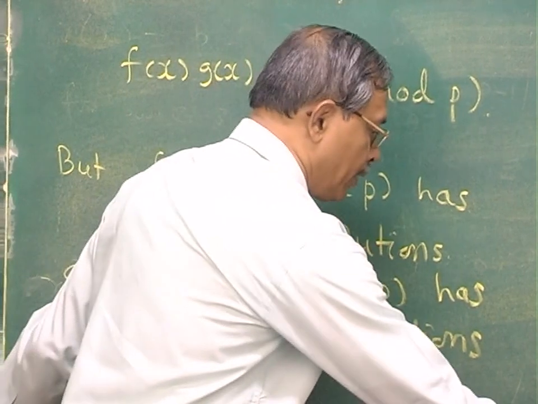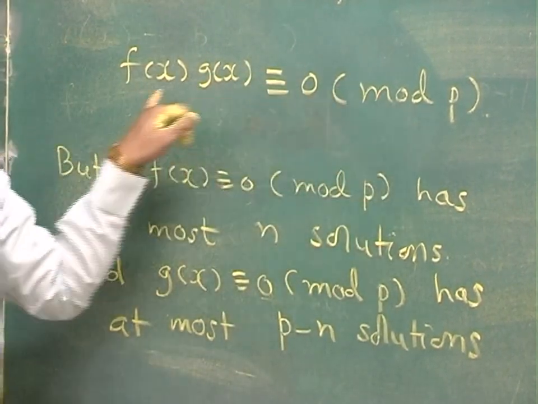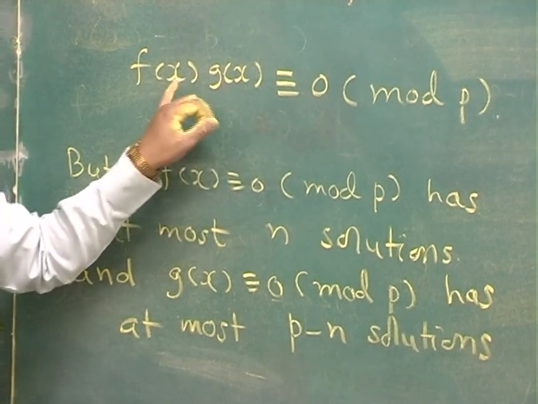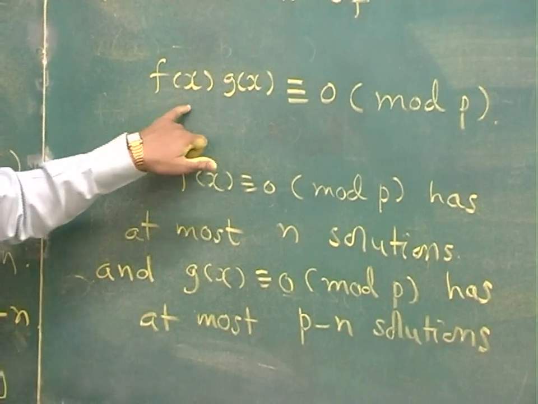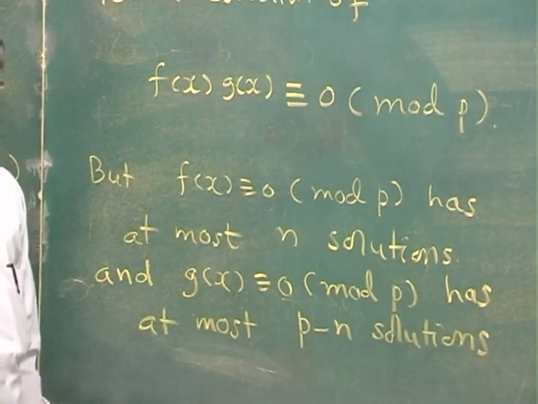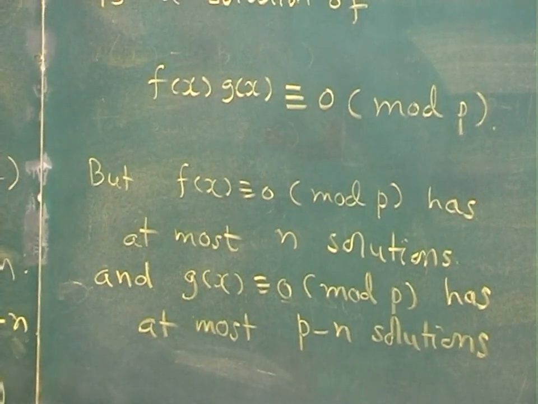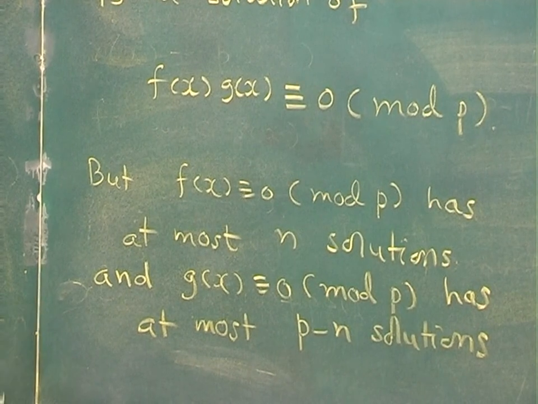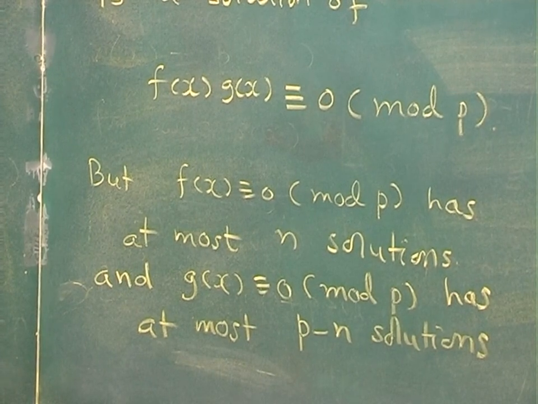Now if f(x) into g(x) is congruent to 0 mod p, that is p divides f(x) into g(x) for a solution x, so p should divide either f(x) or p should divide g(x). So for a solution of f(x) into g(x) congruent to 0 mod p, that solution must be either a solution of f(x) congruent to 0 mod p or a solution of g(x) congruent to 0 mod p.